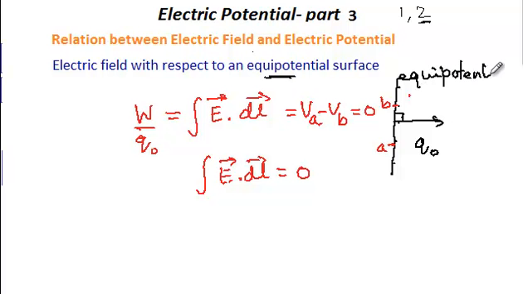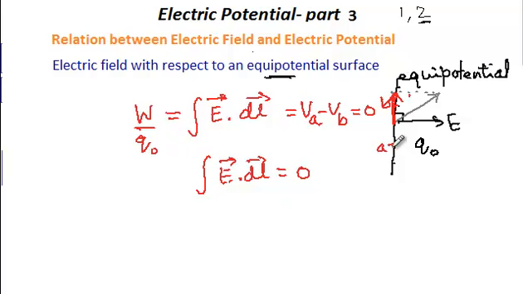Now say we claim that the electric field is not perpendicular, which means it is at a certain angle with the equipotential surface. In that case, this electric field has a component in the direction along the equipotential surface.